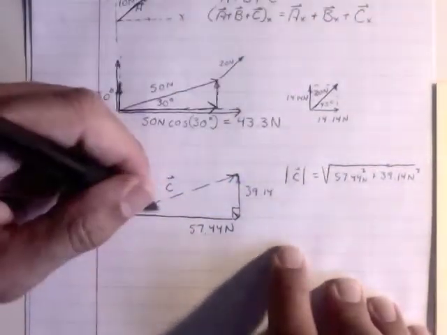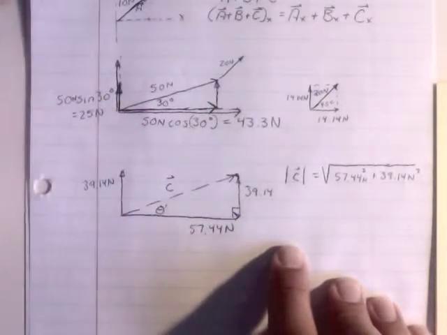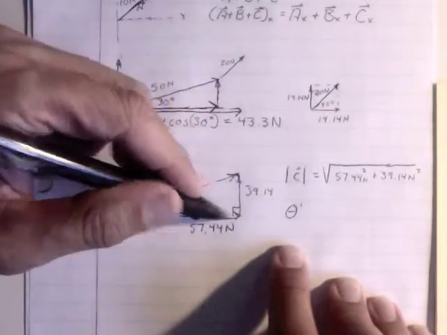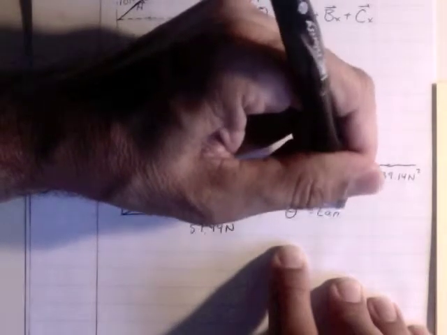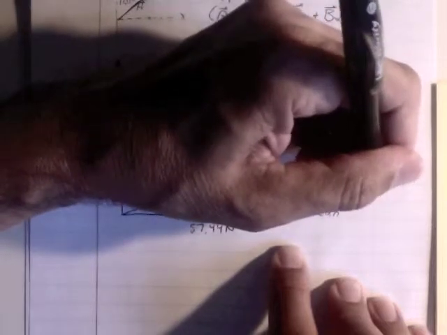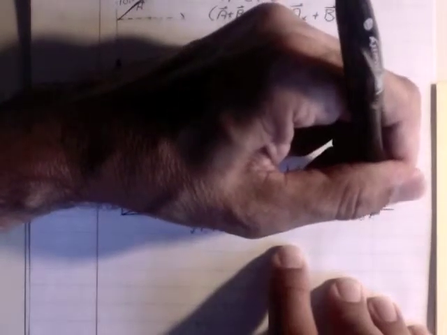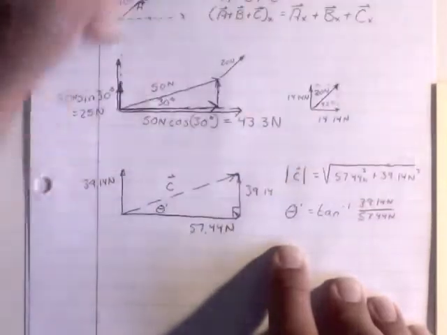And the angle, I'll call this theta prime, is going to be the inverse tangent, arctangent, of 39.14 newtons divided by 57.44 newtons.